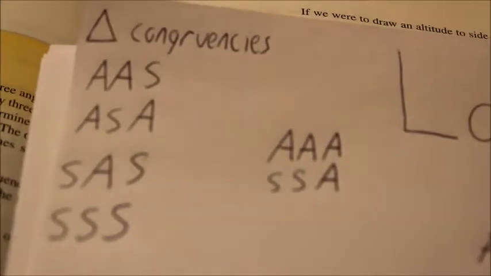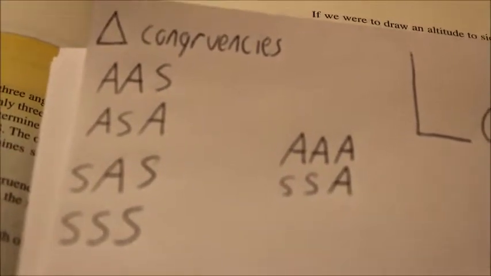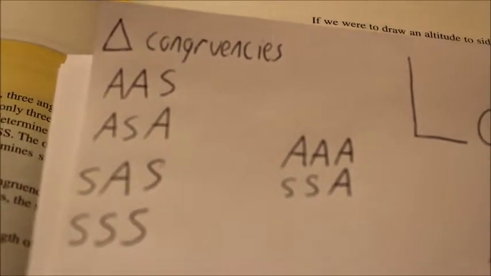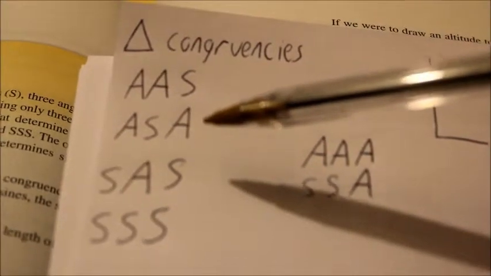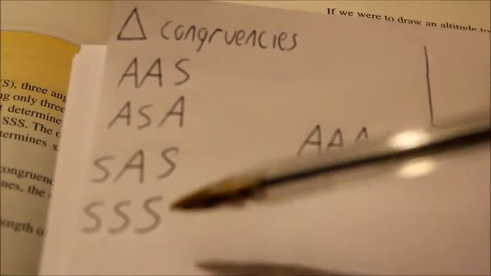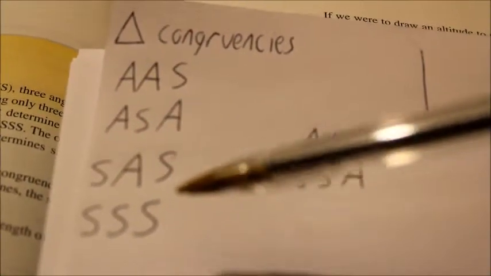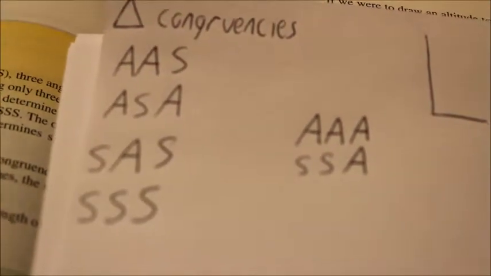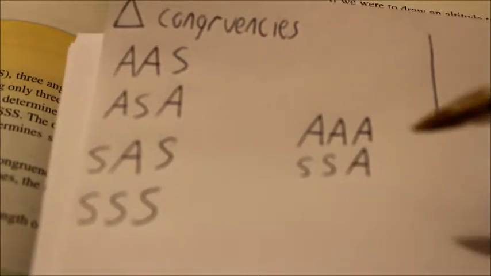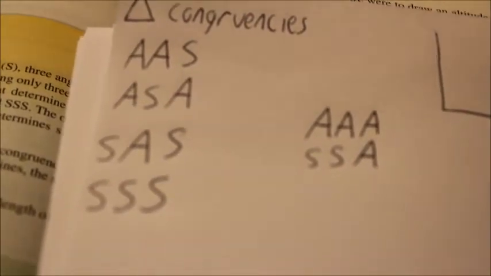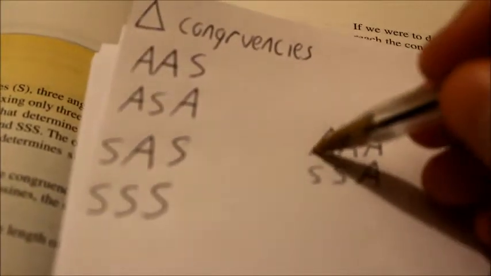In geometry, we learned about similar triangle congruencies. These were seen by patterns such as angle angle side, angle side angle, side angle side, and side side side. In geometry, we learned that angle angle angle and side side angle could not be used. However, today, side side angle actually has a purpose. Get out of here, AAA.